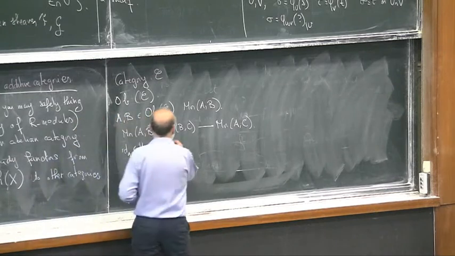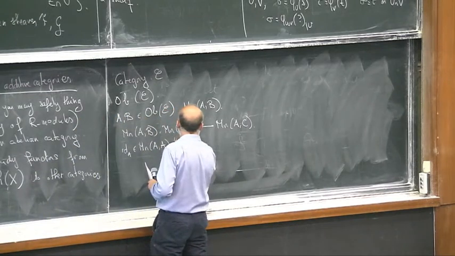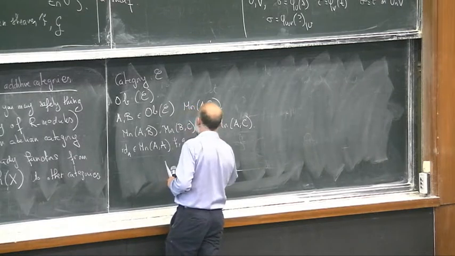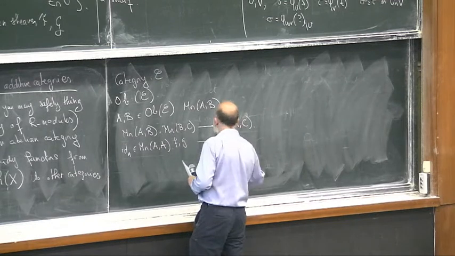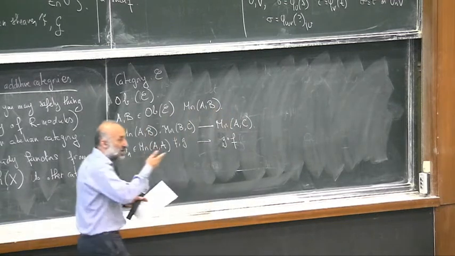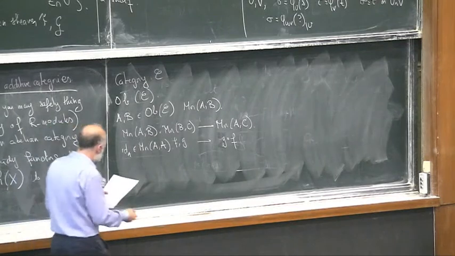And this map here is denoted as g composed with f. So just think of objects and mappings.